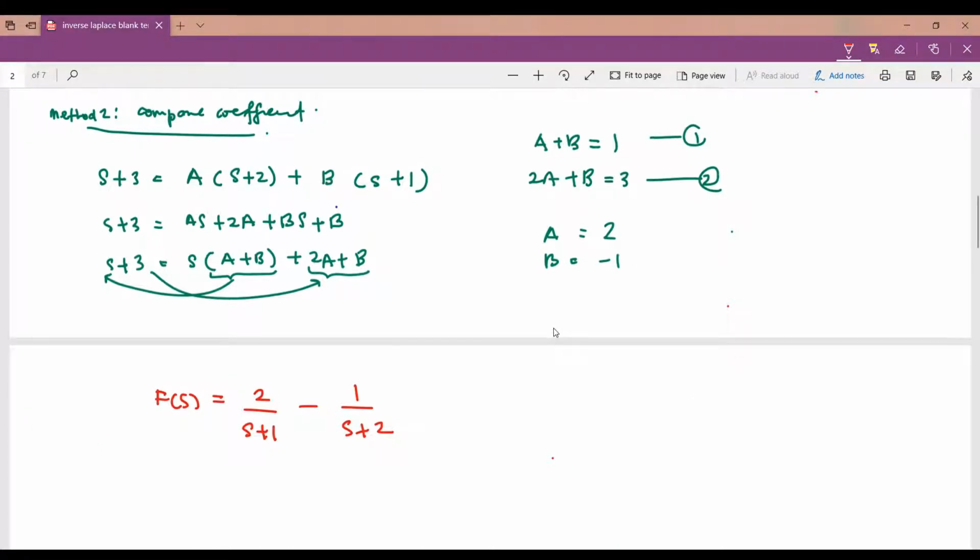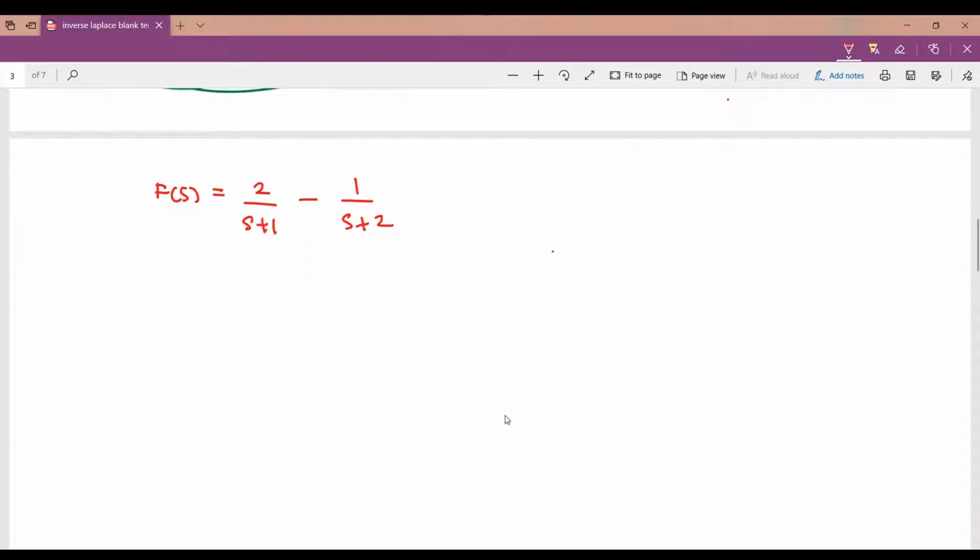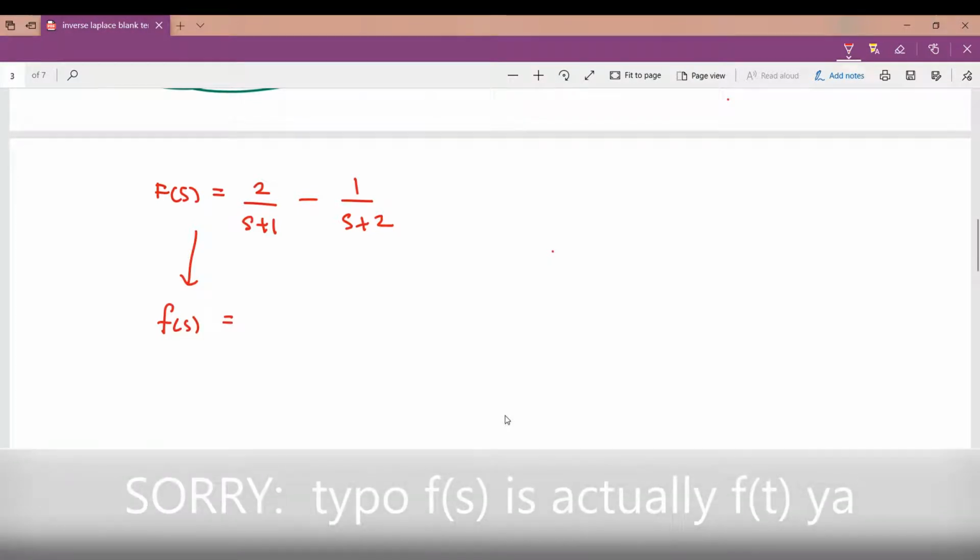Okay, from this, after you do the partial fraction here, you can simply convert the S domain to T domain by referring to the Laplace table. If this one is S to the power of 1, so 2, and then the shifting is exponent -t.